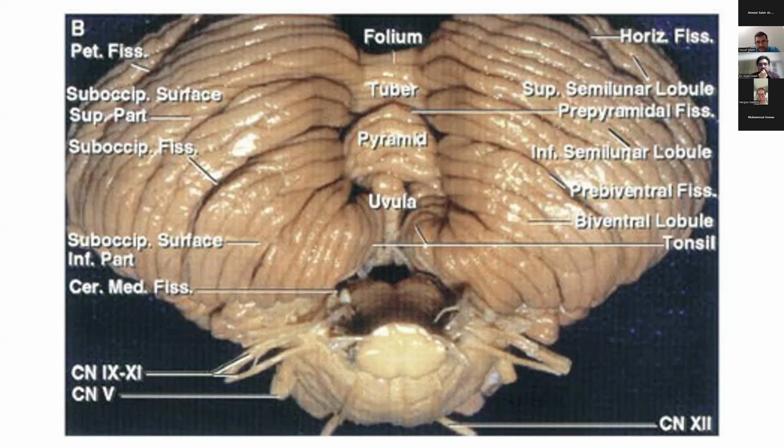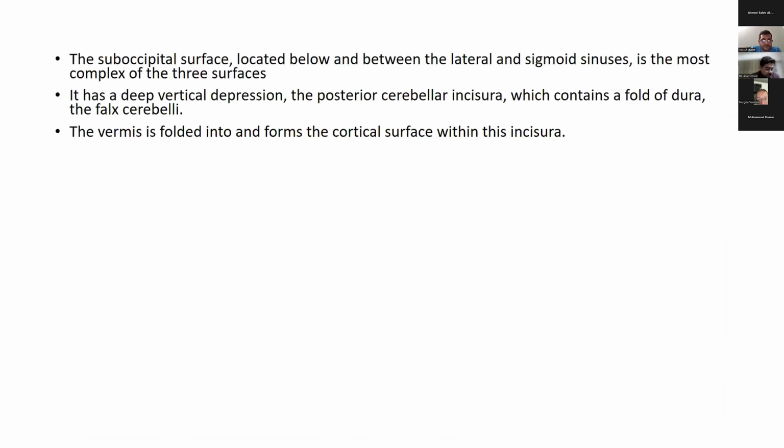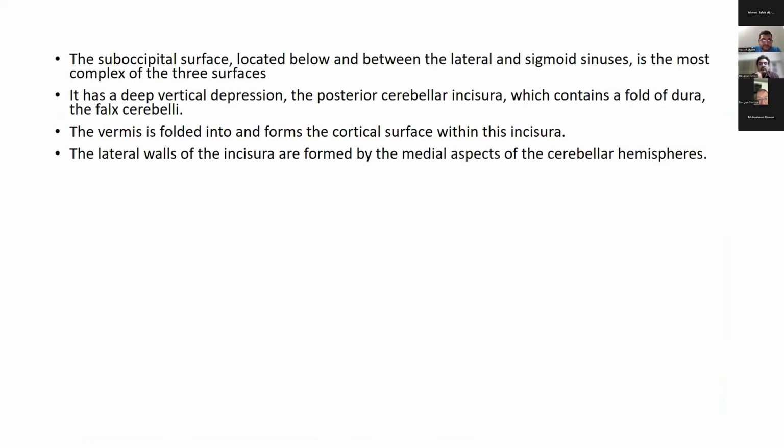These three structures form the lower half of the roof of the fourth ventricle. And these are the four to five structures over which the entire approach to the fourth ventricle and suboccipital craniotomies are laid out. So this is all that I wanted to describe.